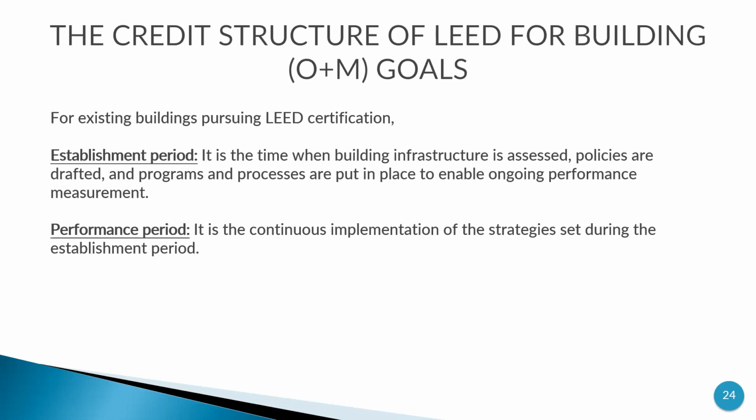There, we implement all the strategies, because you start implementing before you start your design, right? But in LEED O&M, what happens? Because O&M is for existing buildings, you cannot implement design submissions or design strategies at this point, because the building already exists.